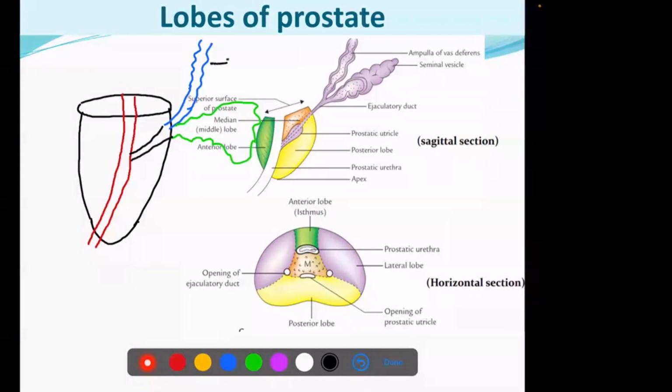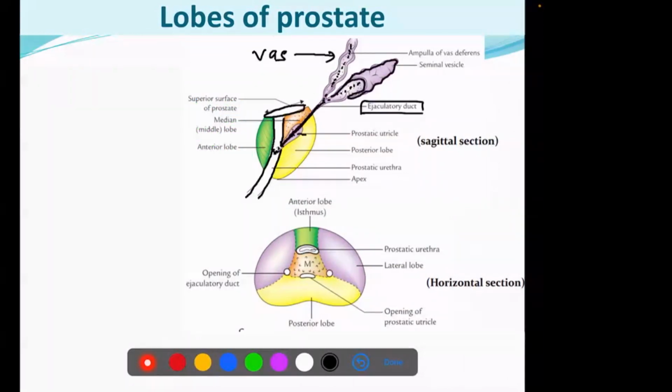The vas carries spermatozoa from the testis, and the seminal vesicles produce seminal fluid. So spermatozoa and seminal fluid get mixed and come to the urethra, and then prostatic fluid gets mixed, and in the end it forms semen. These two landmarks are the urethra and the ejaculatory duct.